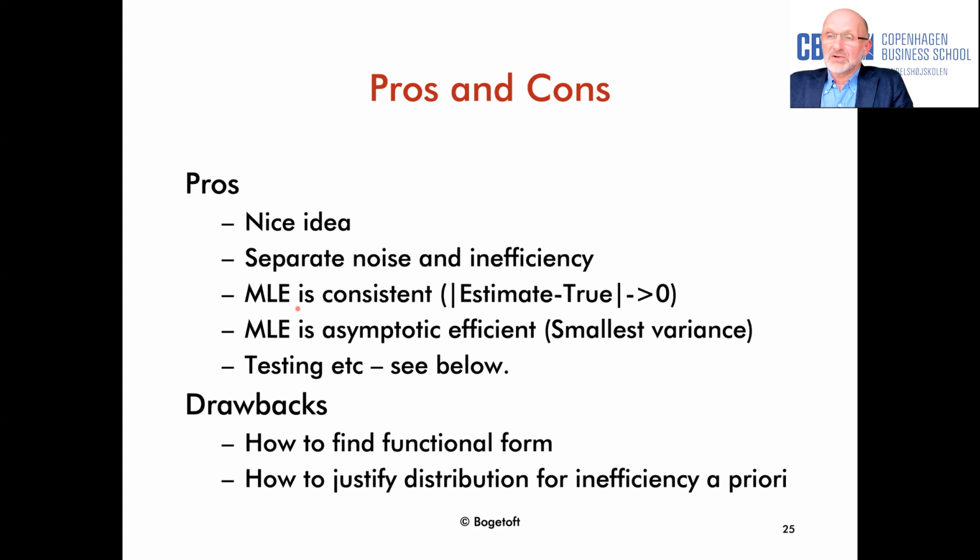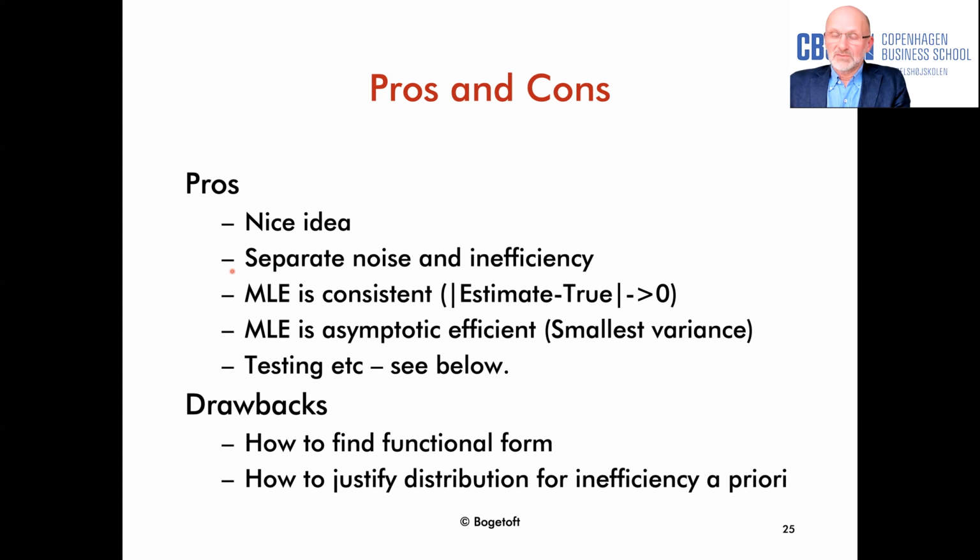It's also asymptotically efficient, in the sense that it has the smallest variance around the true values of these parameters. And the last thing which makes it nice to use maximum likelihood is that there's a general testing theory, namely likelihood ratio tests. And of course, the whole SFA idea is nice because we separate noise and inefficiency.